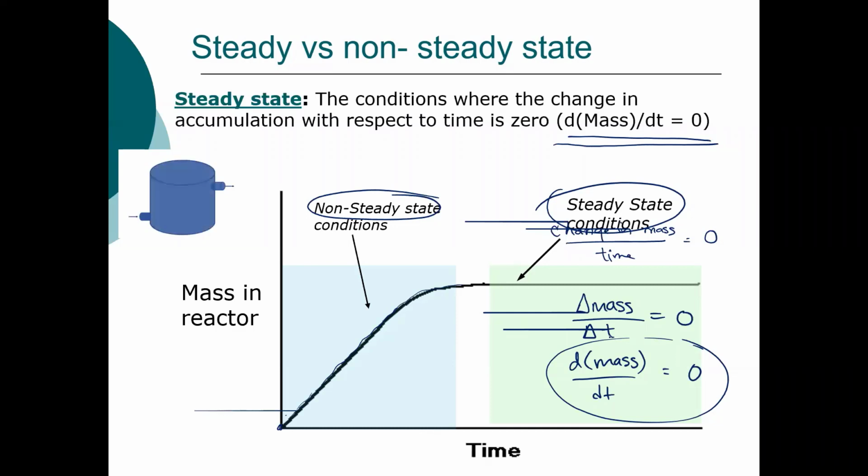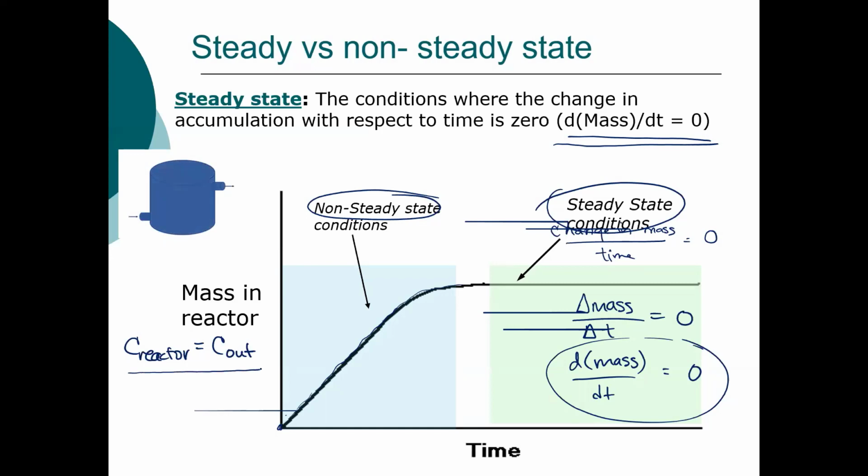When we talk about C reactor equals C out, what condition are we talking about? Because this gets mixed up a lot. When we're talking about steady state, change in mass with respect to time is equal to 0.